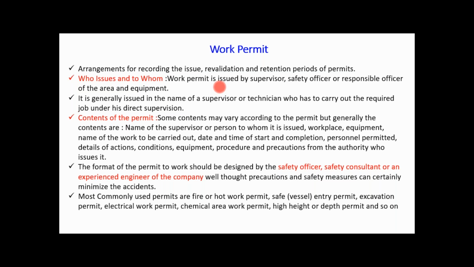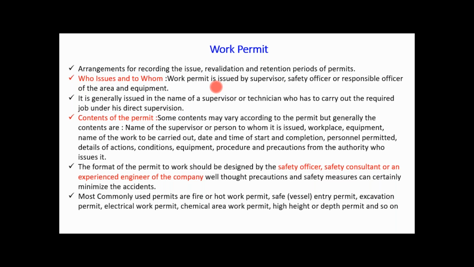Suppose a utility manager is there and he has been working for 20 plus years, then the utility manager can give the work permit for operations or work related to air compressor systems, water systems, steam, or some other works which may be called utility.